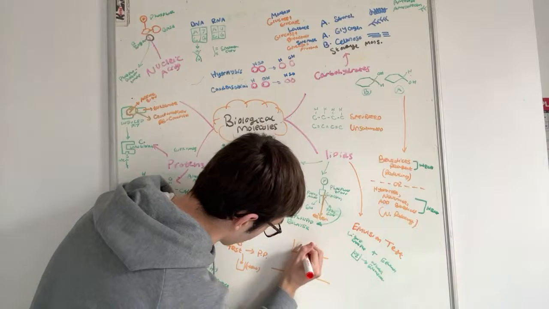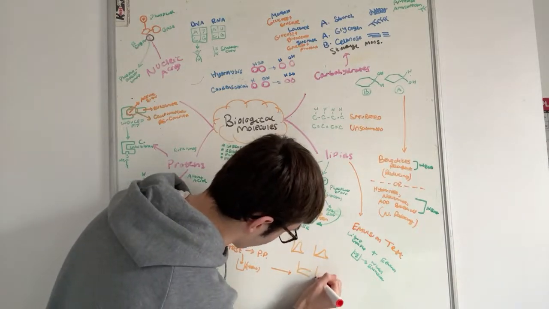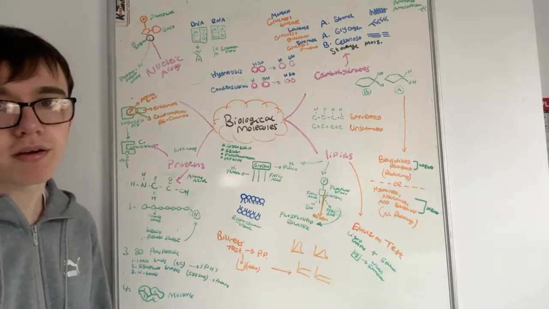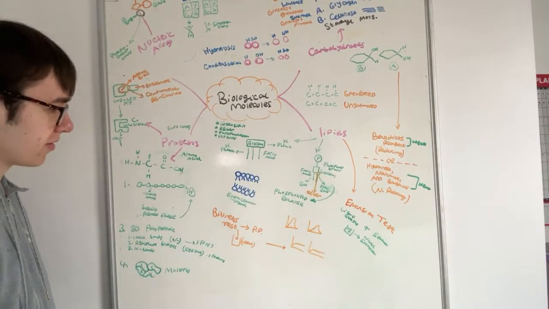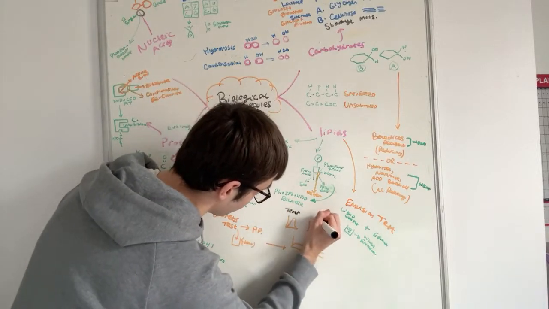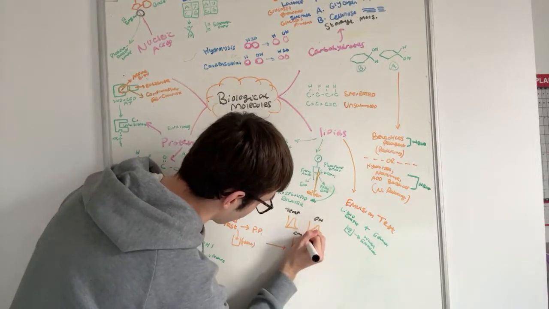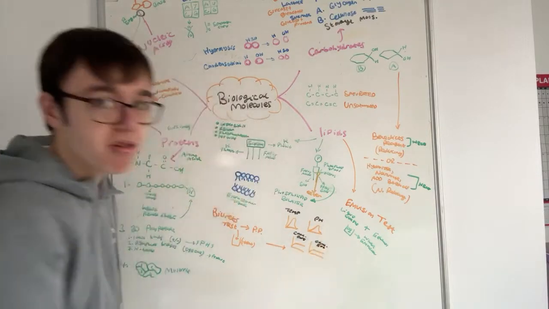Two of these have a bell curve, and the others are flat lines. It's kind of hard to show. So that would be temperature, that would be pH, that would be concentration of enzyme, that would be concentration of substrate.